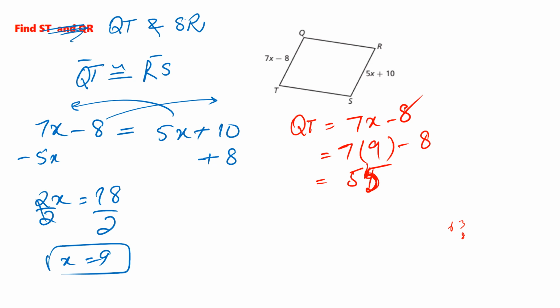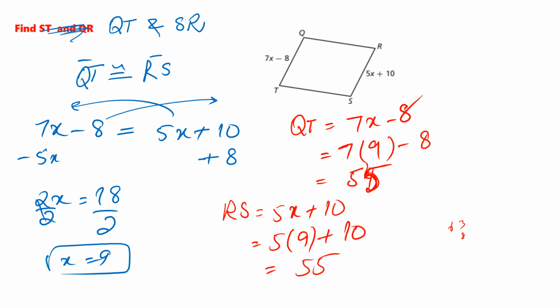Okay. Now we have RS, which is 5x plus 10. So replace x by 9. So 5 times 9 is 45. 45 plus 10 gives you also 55.